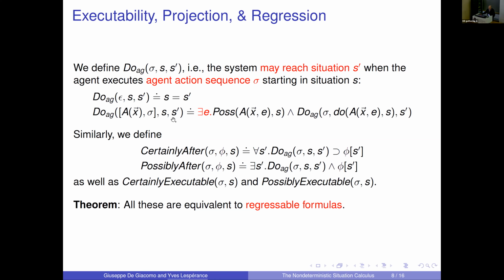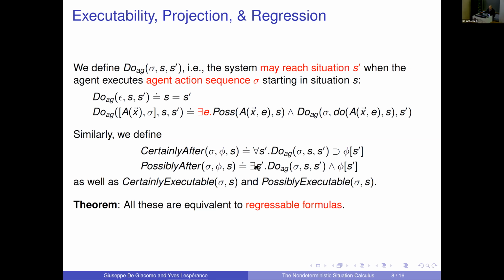This is essentially defined inductively in terms of Do, the big Do. We also have other definitions. Phi is certainly true after a sequence of actions sigma in situation S if for every situation that can be reached after doing this action sequence, phi holds. Possibly means there exists one.